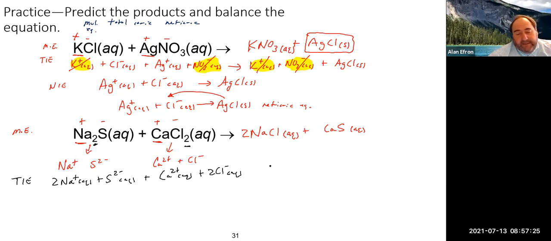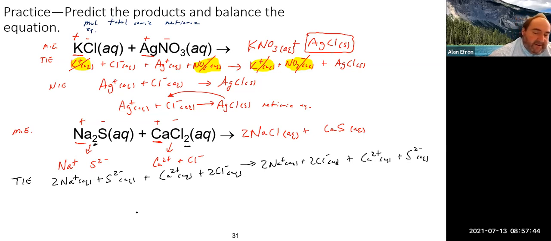Now coming to the other side, we would have 2 sodium ions, 2 chloride ions. Now, because this guy is also aqueous, we would get a calcium ion and a sulfide ion. And this technically would be our total ionic equation.